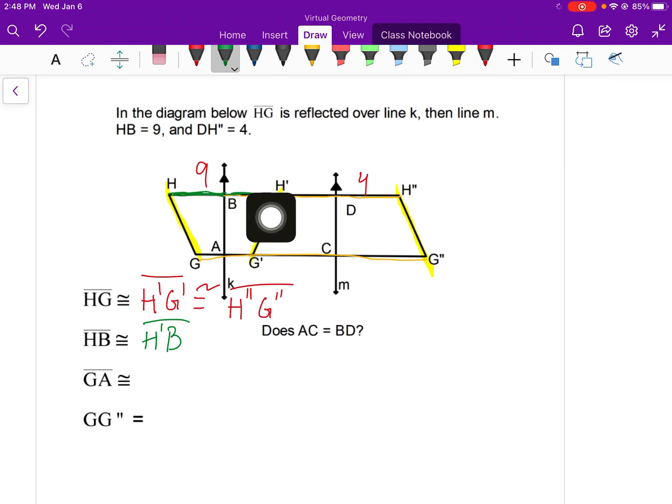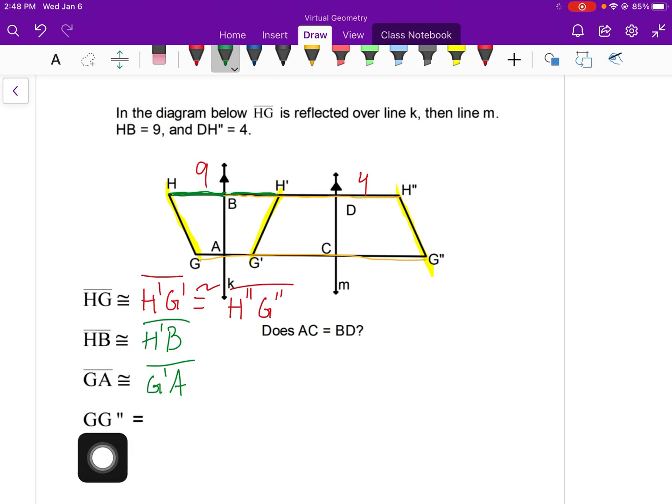So HB is the same as H prime B. They're the same distance away from each other. All right. There could be a circumstance where this could be congruent to H prime D or H double prime D, but you're not guaranteed that, and in this case, they would not be congruent. So for GA, segment GA, I would want segment G prime A.